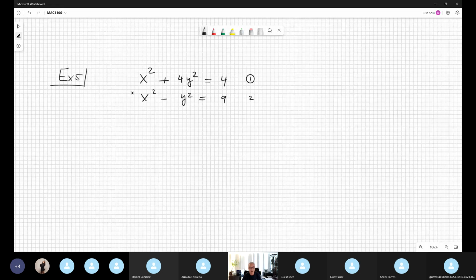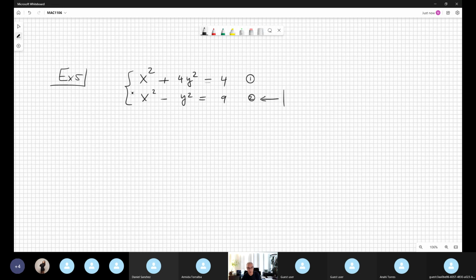Obviously also nonlinear. But we cannot apply substitution because we have no linear coefficients when the coefficient is 1 or -1. So definitely we need to apply elimination. And remember the key idea for elimination is to get 2 coefficients equal, but 1 positive and 1 negative.